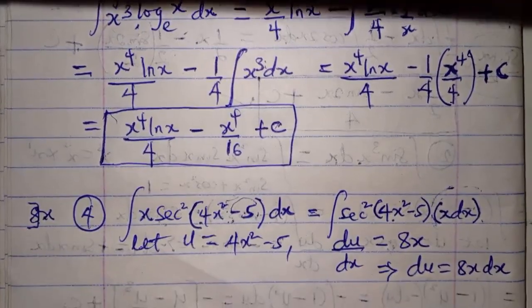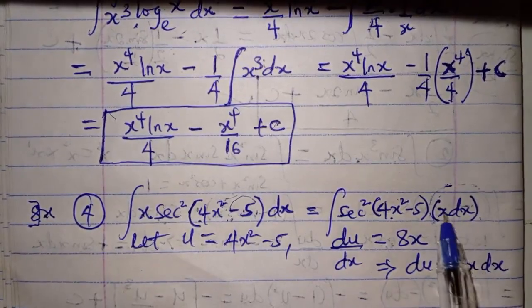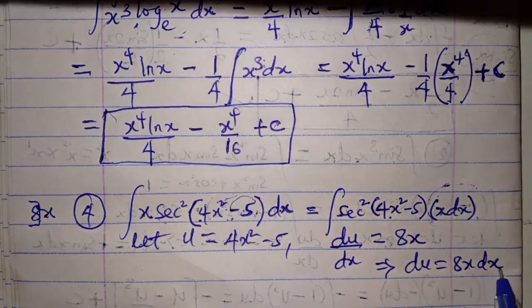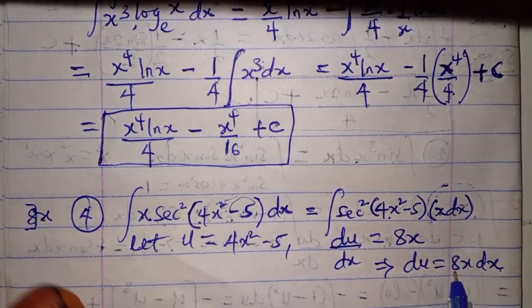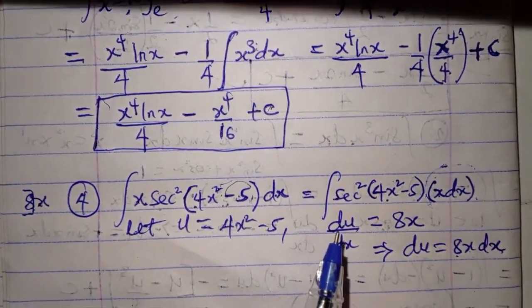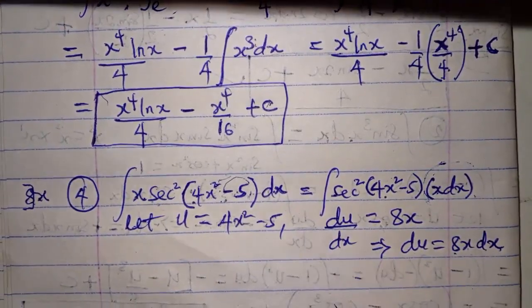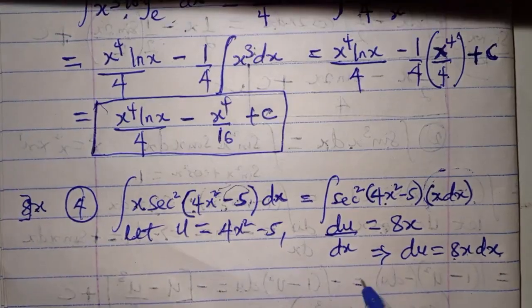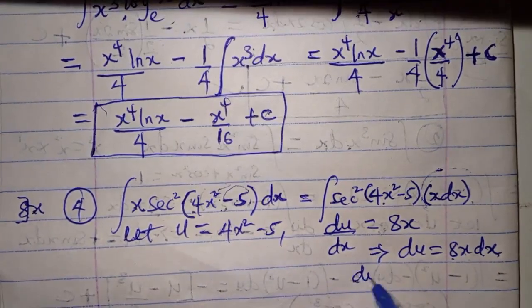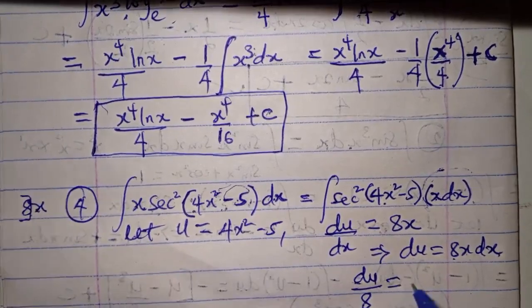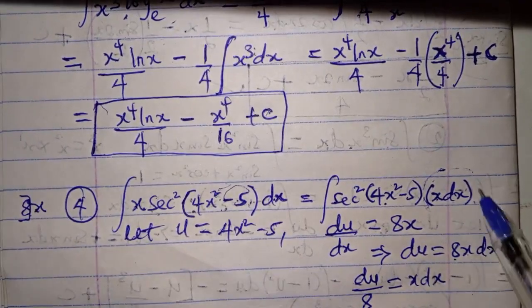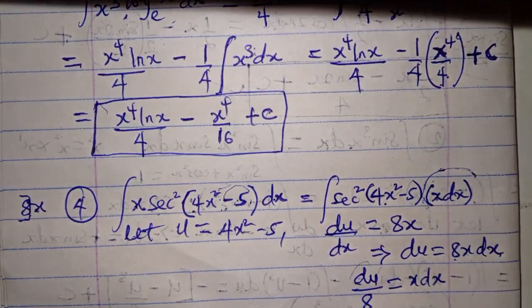Right? Okay, I can see x dx. It's just for me to remove this 8 from here. Very easy, I can do that. I'll just write du all over 8, that's dividing both sides by 8. Du all over 8 will be equal to what? x dx. So this x dx here will be replaced with du over 8.